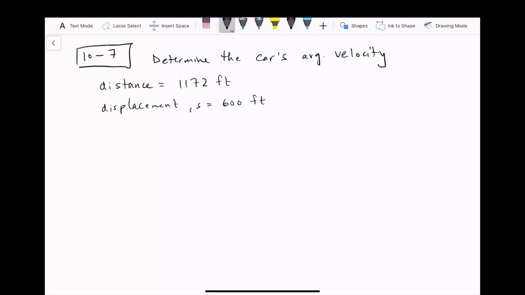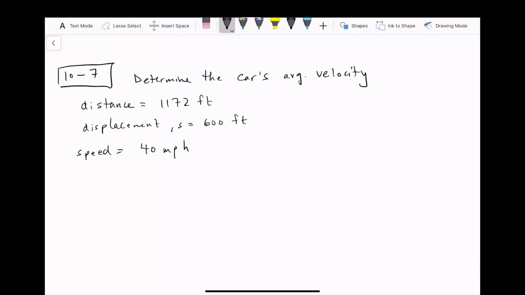And we are given that speed, so remember speed is not velocity, it is just a scalar, so there's no direction with speed, and that's 40 miles per hour. And one thing I want you to see right away when you are writing down all of your knowns in a given problem is you want to look for the units, make sure all the units are consistent.